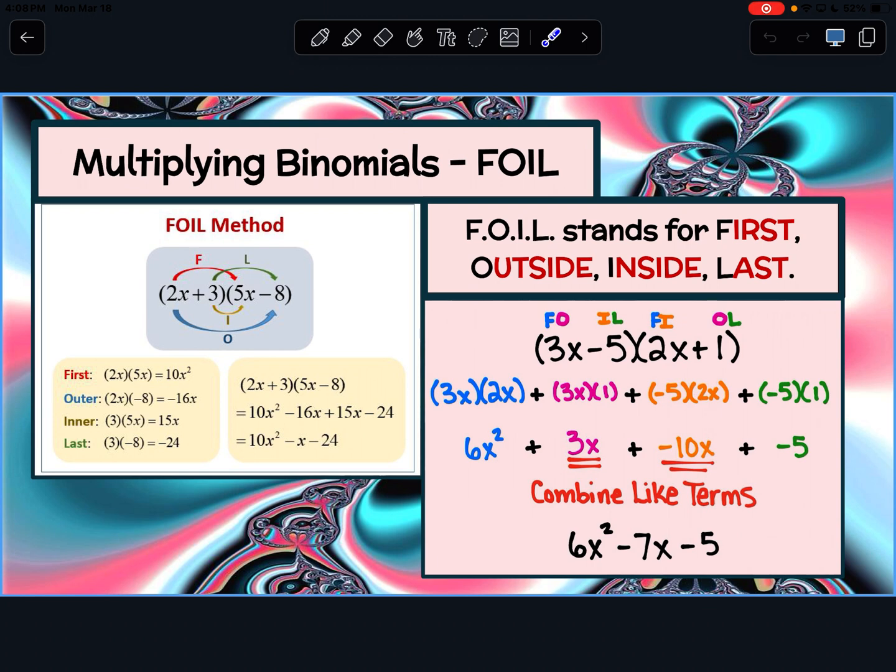So 2x times 5x is 10x squared. 2x times negative 8 is negative 16x. 3 times 5x is 15x. 3 times negative 8 is negative 24. And then you write everything out and combine your like terms. Here we combine like terms. And you should end up with a trinomial. In special cases, you'll end up with a binomial if your x's cancel out. Okay, this is a good example with all the colors here.